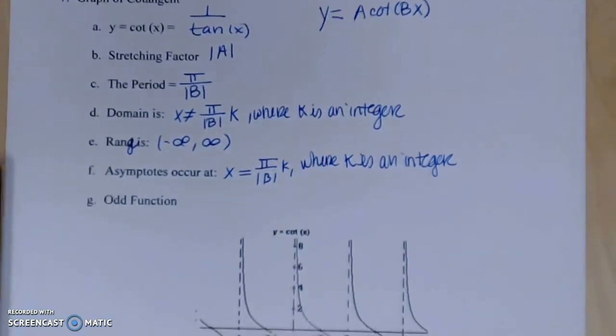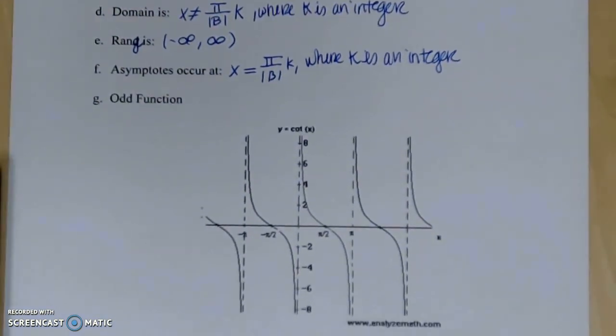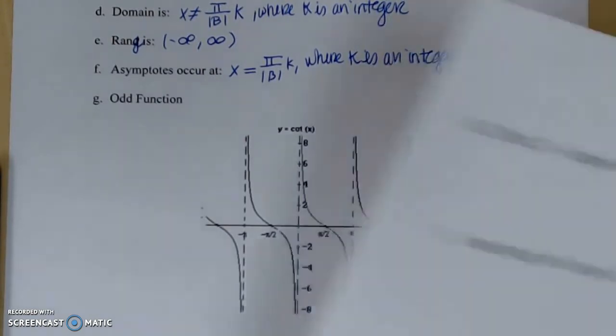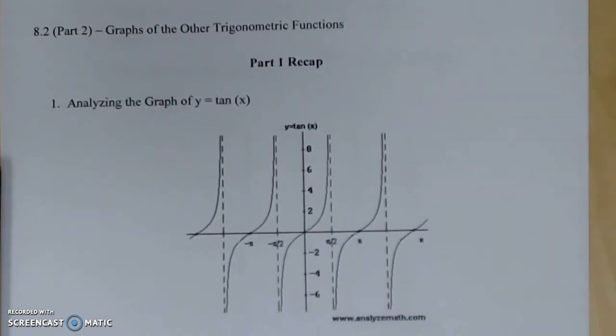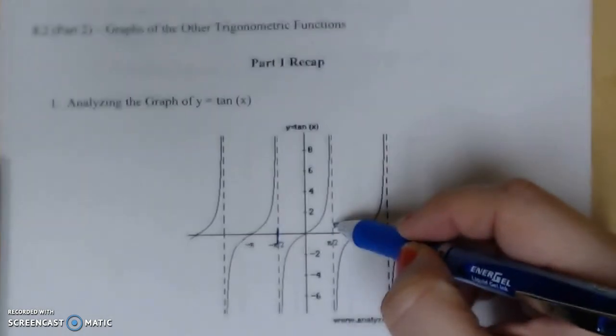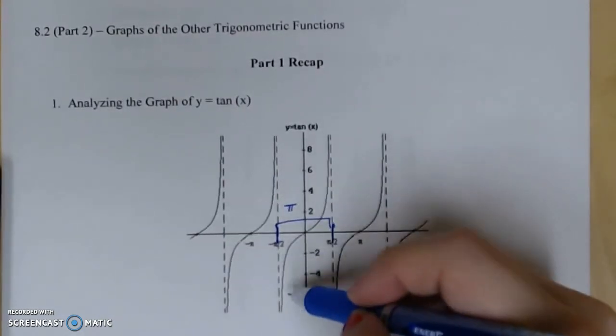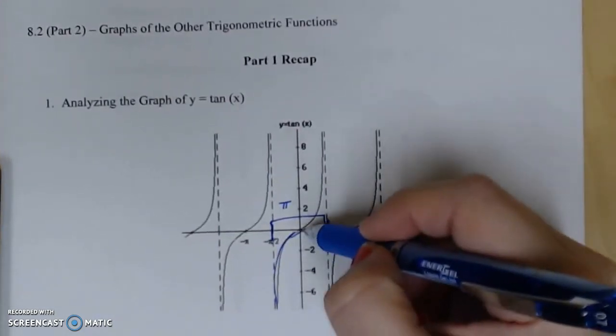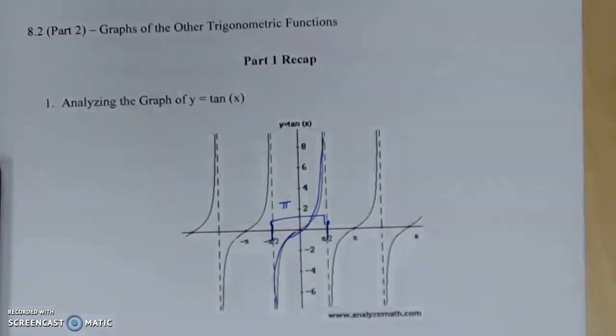So putting that together, let's look at this graph here. If you remember back to your tangent functions, I have it up here. That was in part 1. Here's your tangent function. You can see that it has a period of negative pi over 2 to pi over 2. So that's an entire period of pi. And you can see that it looks like a cubic function has been created here with asymptotes.